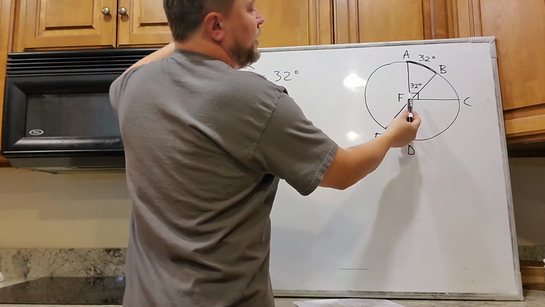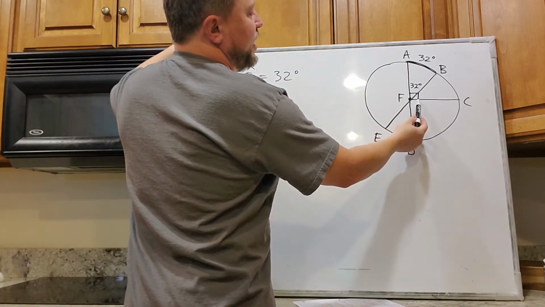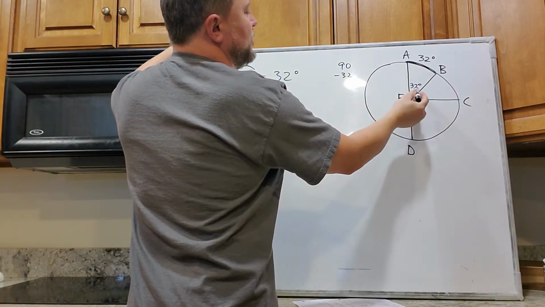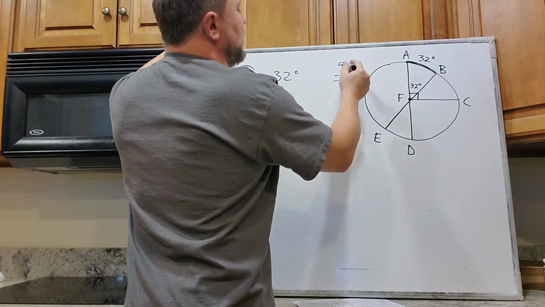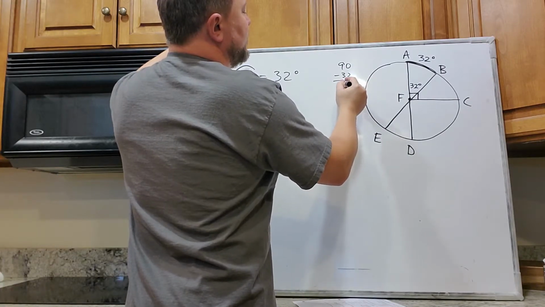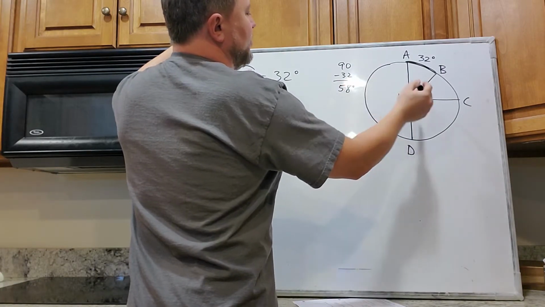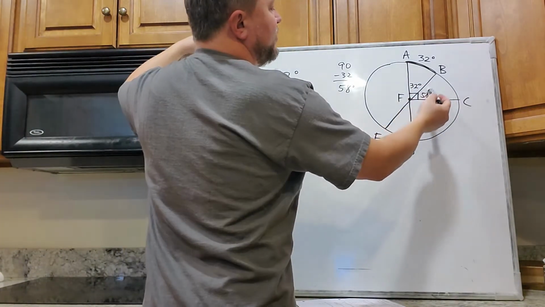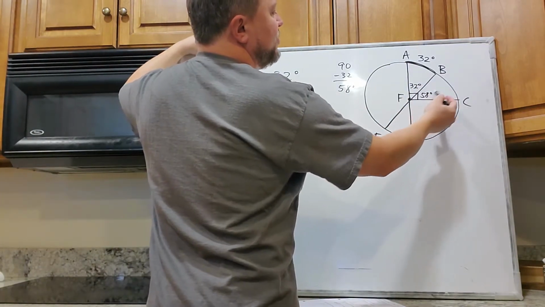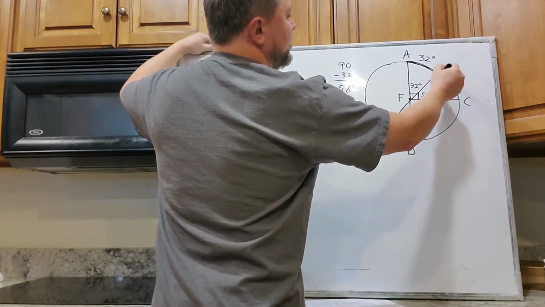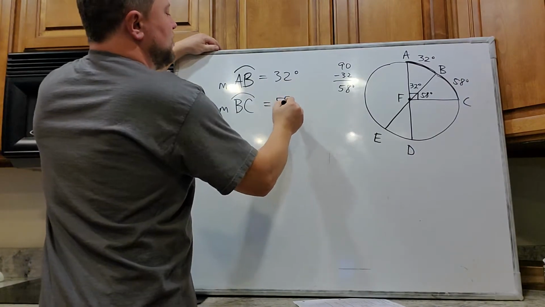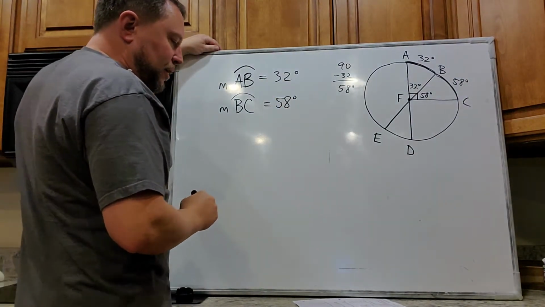Now, in this picture, I see this 90-degree angle, so I know that if I take 32 degrees away from 90, that's going to leave me with 58 degrees for that angle there. And again, if that angle at the center of the circle is 58, then the arc it intercepts out here is also 58. So that one is 58 degrees.